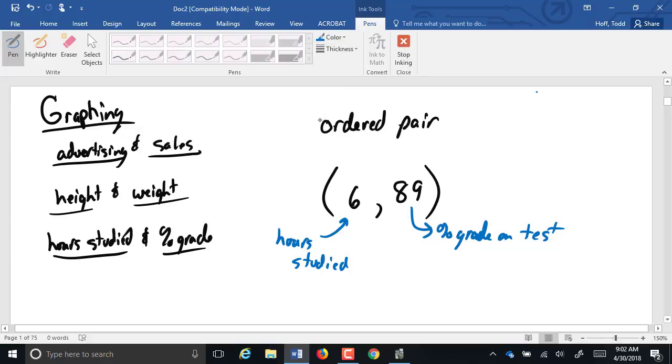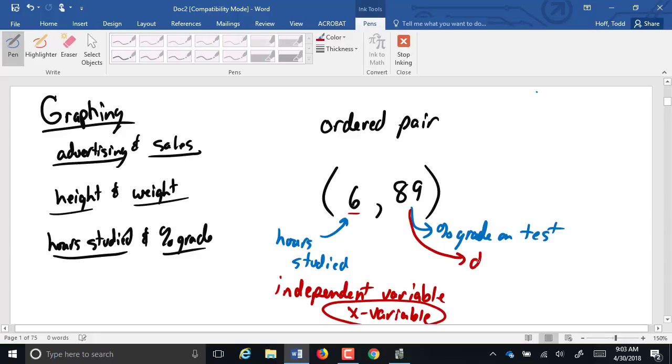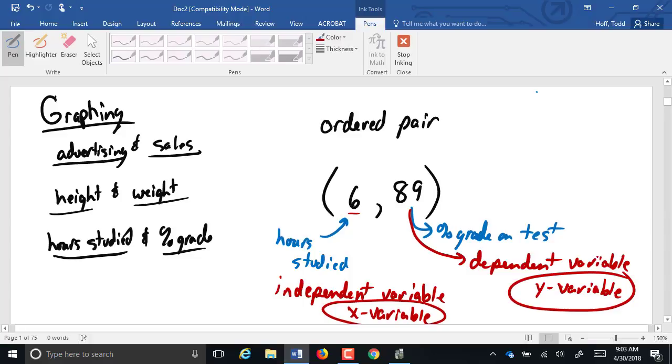The first one is sometimes called the predictor variable. The standard term for it is independent variable, often called the X variable, because the letter X is what's most often used to represent it. The second one is called the dependent variable, often referred to as the Y variable because Y is the variable most often used to represent it.